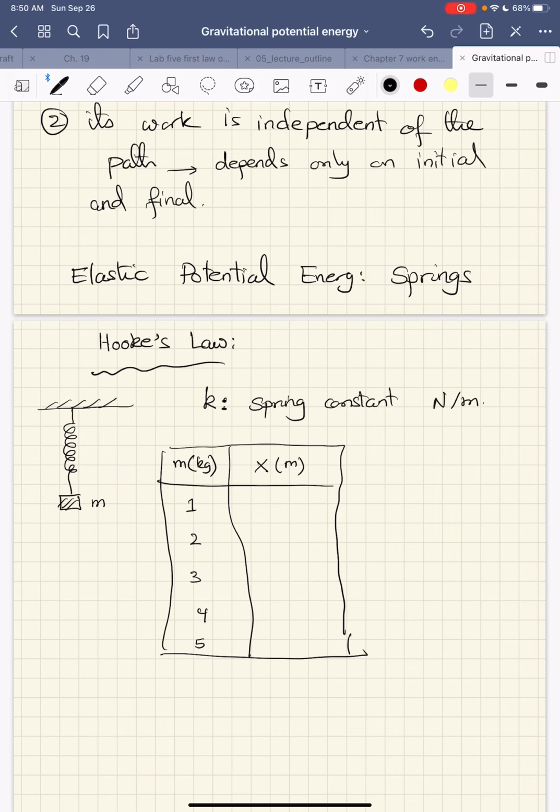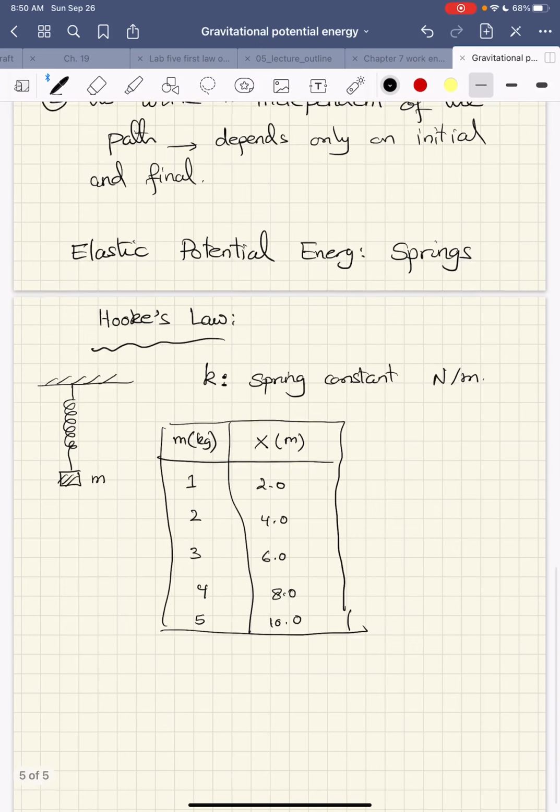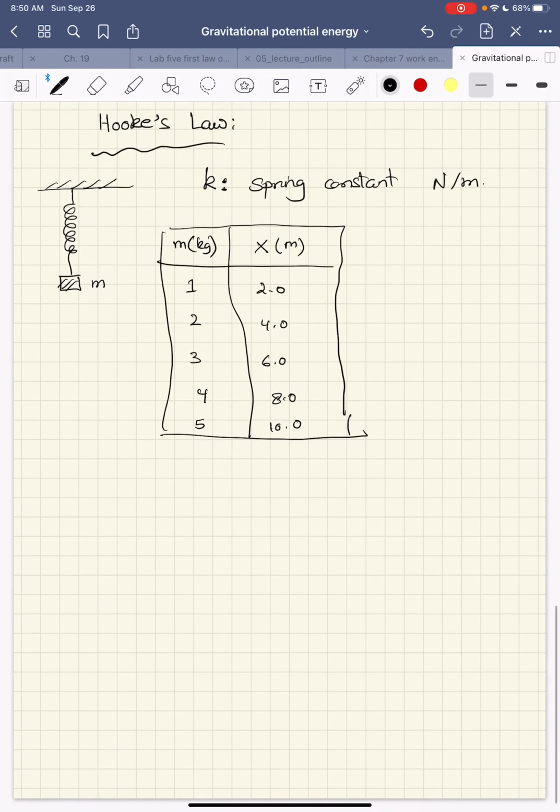Let's assume in meters. Let's say this is 2, then this one should be 4, 6, 8, 10. Of course, my numbers are not reasonable because the springs we usually use are not like this, but I want you to see how the numbers look.